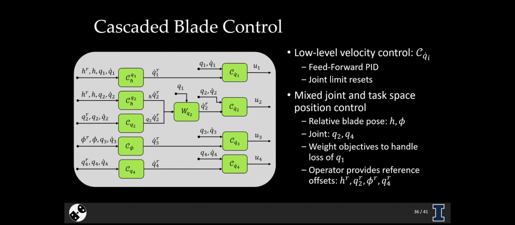But it's a little bit tricky in the sense that both the virtual lift arm axis, that first axis, changes the height of the blade, and so does the second joint, the pitch joint. So we're not doing an advanced inverse kinematics approach here. We're really using this weighting of different objectives for this Q2 axis.